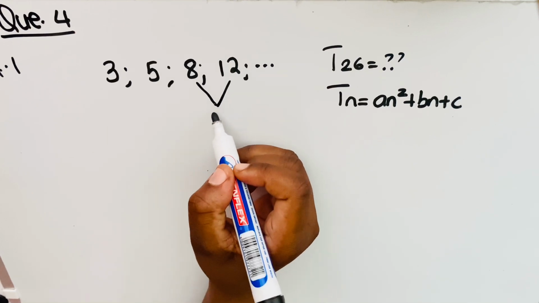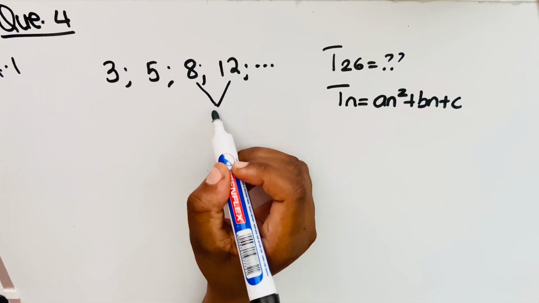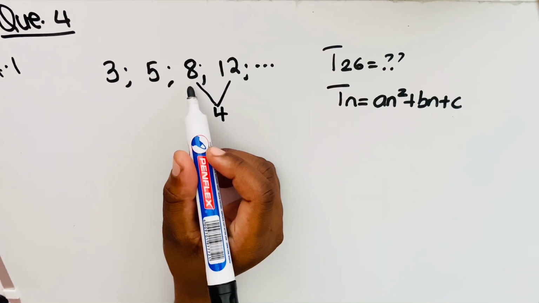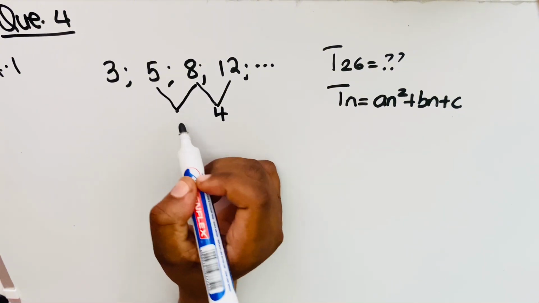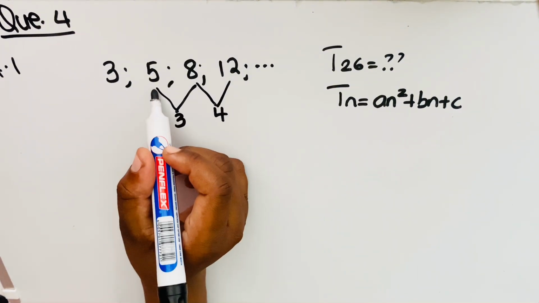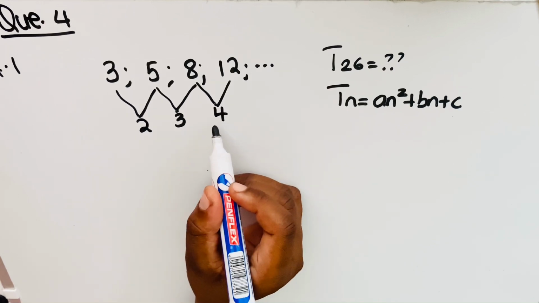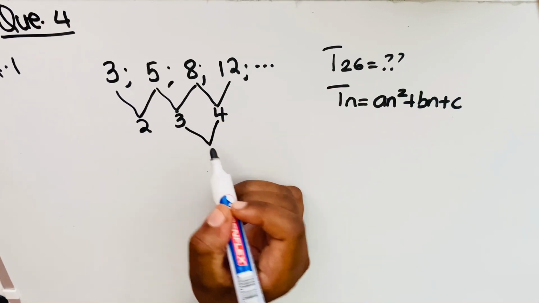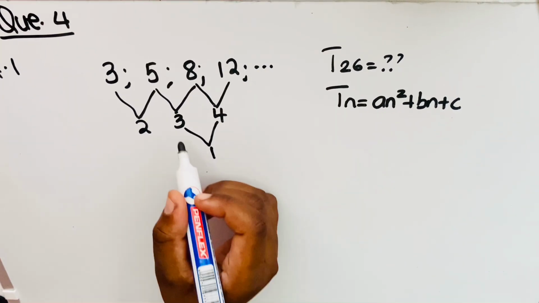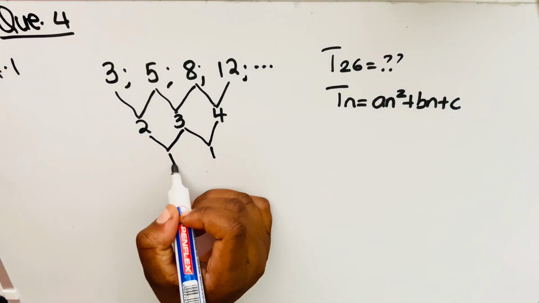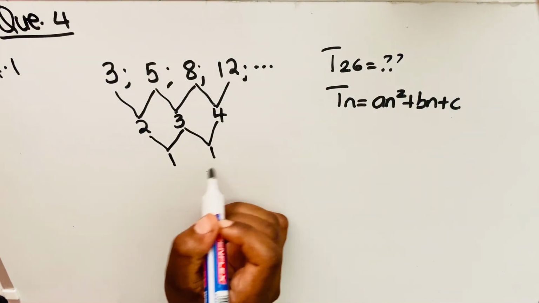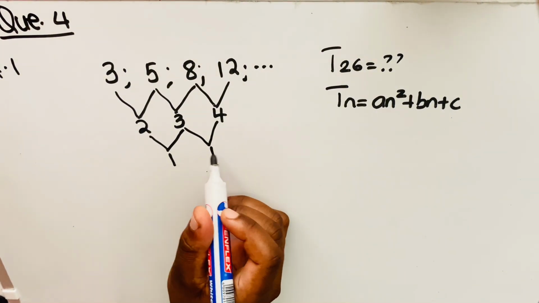The first difference is 12 minus 8, 4; 8 minus 5, 3; 5 minus 3, 2. The second difference is 4 minus 3, 1; 3 minus 2, 1. We already knew that the second difference is constant.